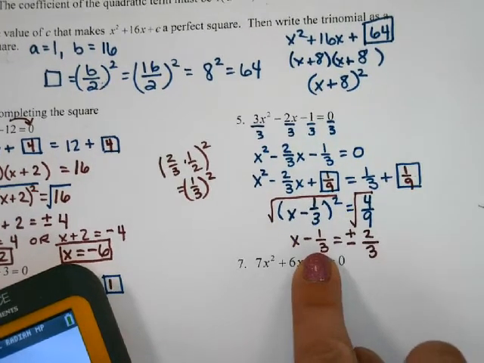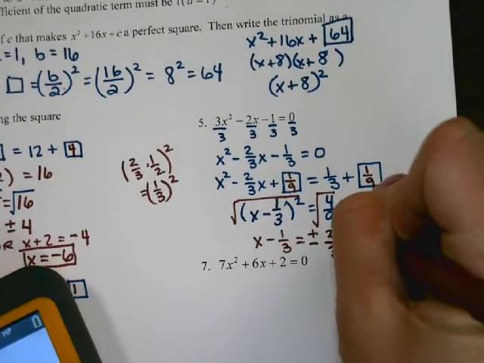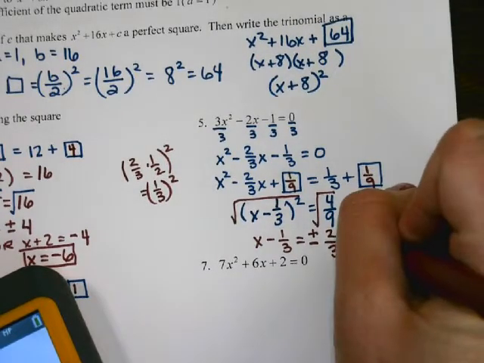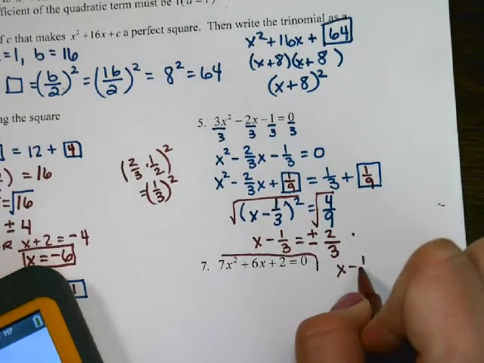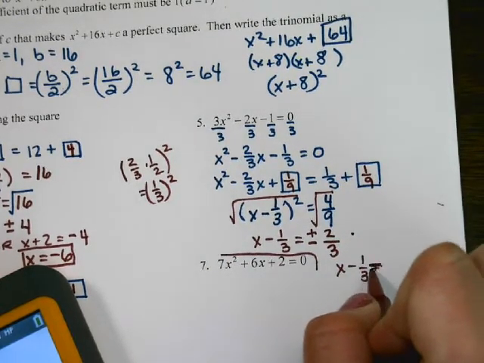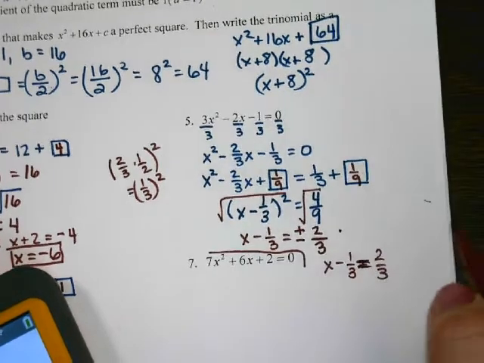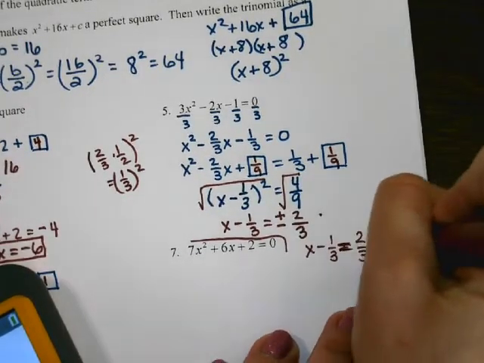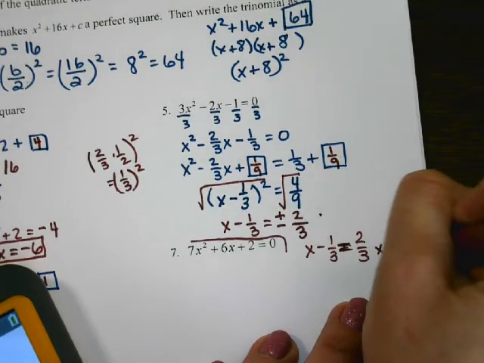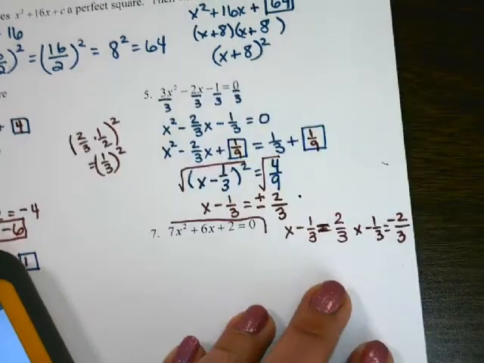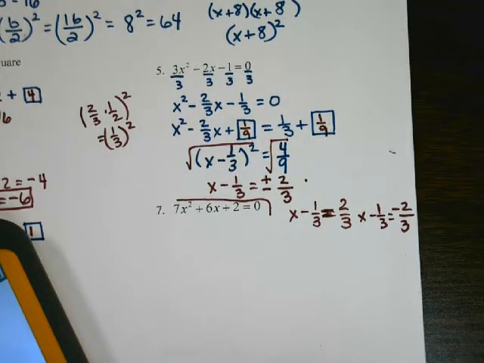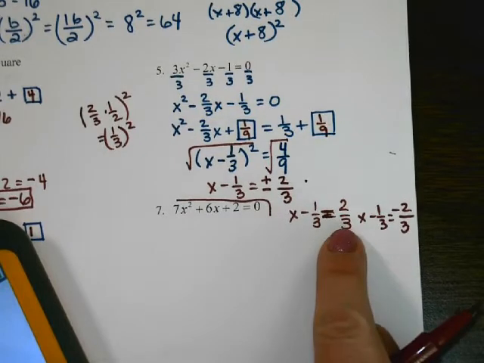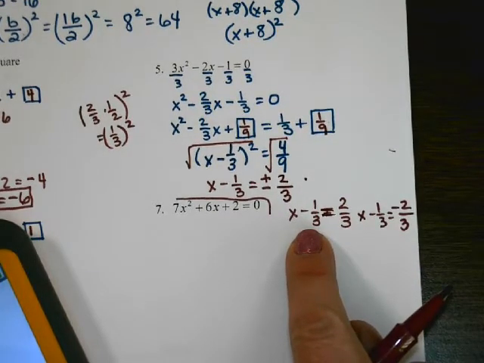All right, now let's separate it. X minus 1/3 equals a positive 2/3. And x minus 1/3 equals a negative 2/3. All right, let's see if we can do it without our calculator. 2/3, and I'm going to add a third. 2/3 plus 1/3, 3/3 is 1, right?